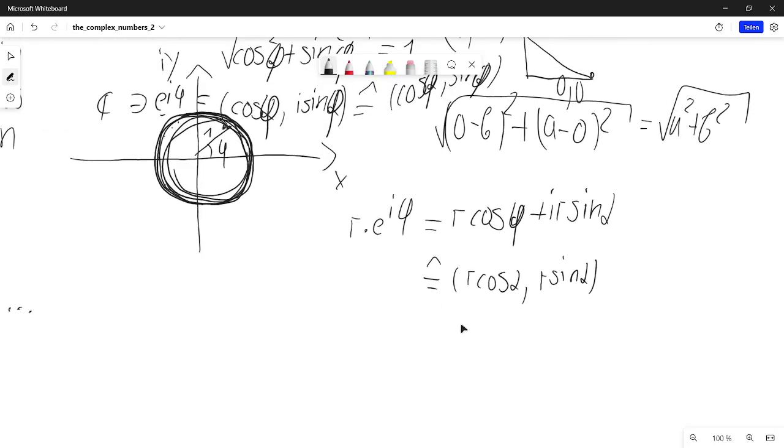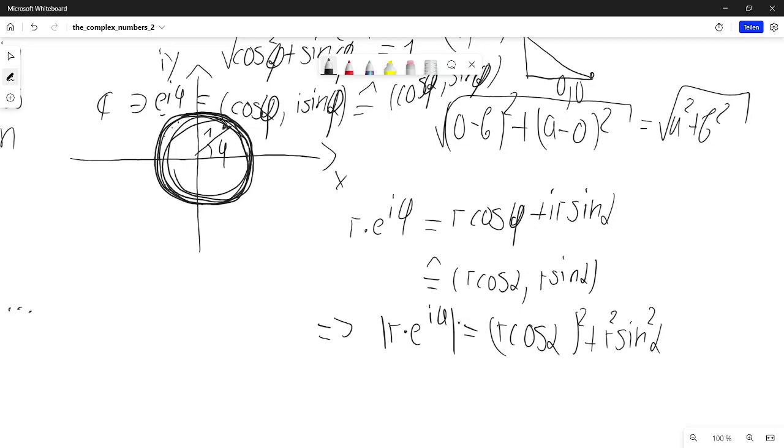And with that it follows that this number is a complex number, right? Everything is fine. That thing which we call the absolute value is the square root of that squared plus that squared.